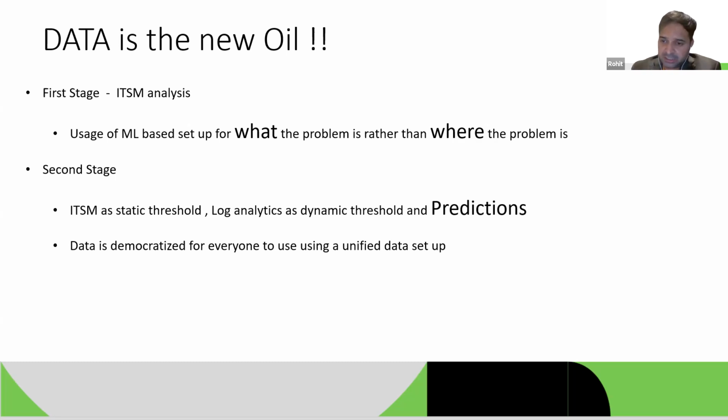Now, the idea is not to bog down or overwhelm the site reliability engineers with data. We have to provide them, take feedback from them, and make systems which are going to make their lives easier. That means providing them where the problem is and also what the problem is. So if at runtime they can start looking at technology issues coming in based on the tickets which are coming, that becomes a solution, and that is something which has been implemented based on historic data.